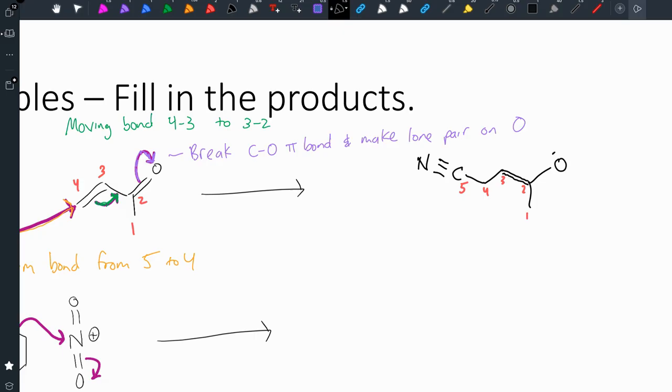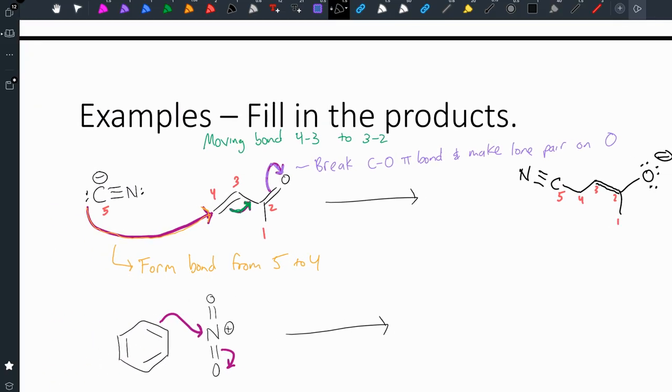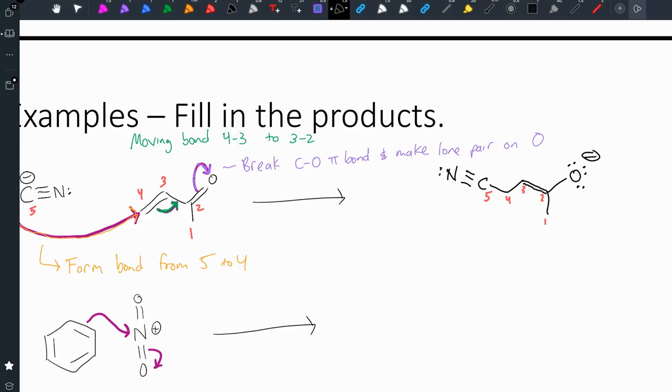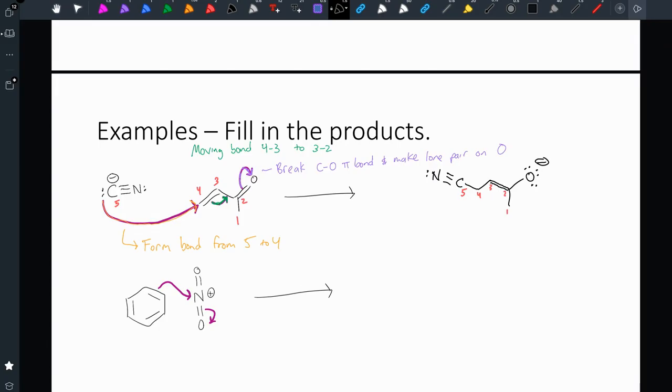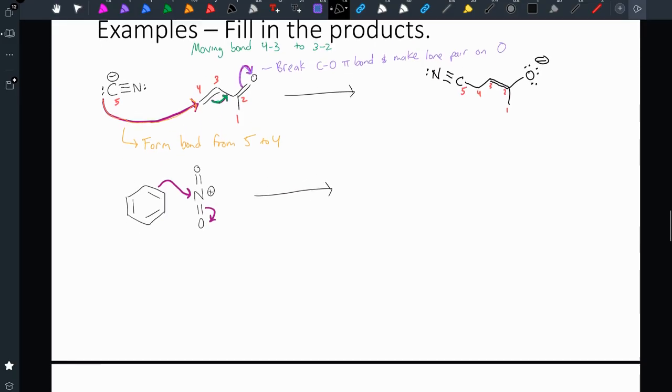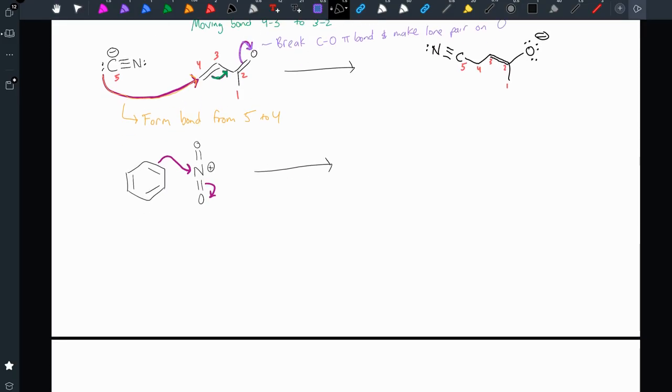That oxygen now has 3 lone pairs, and it has a negative formal charge. So that would be how I draw my product. Take a moment, try this second example.